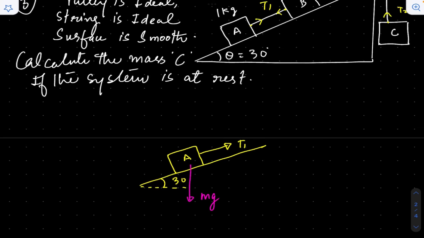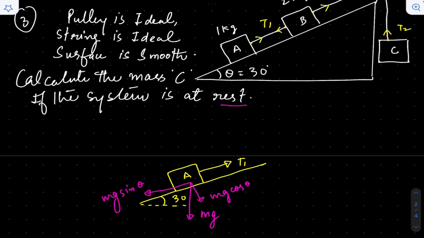We can resolve this gravitational force into its components. One component is along the surface, which is called mg sin theta, and one is perpendicular to the surface, which is called mg cos theta. So along the surface there are two forces acting on block A, that is mg sin theta, and in the opposite direction the tension, and due to these two forces the object A is at rest.